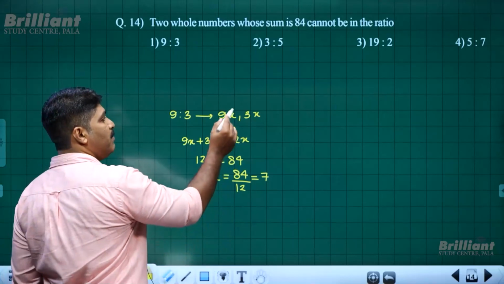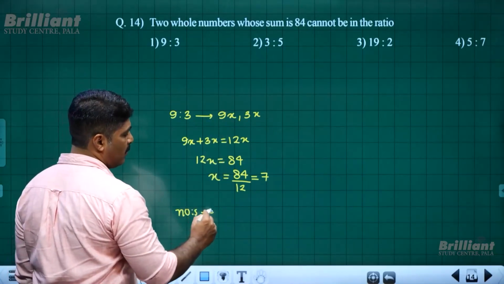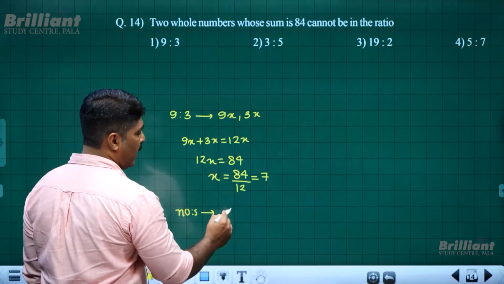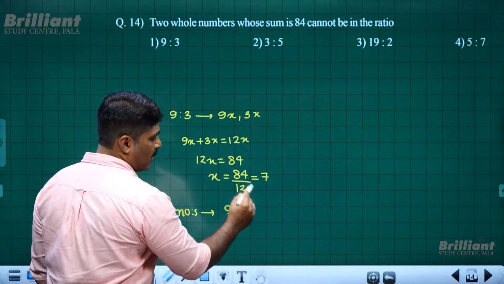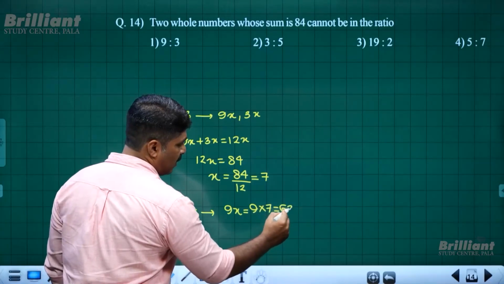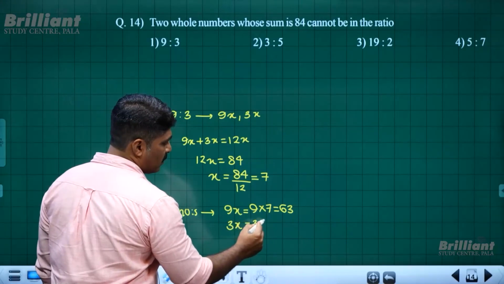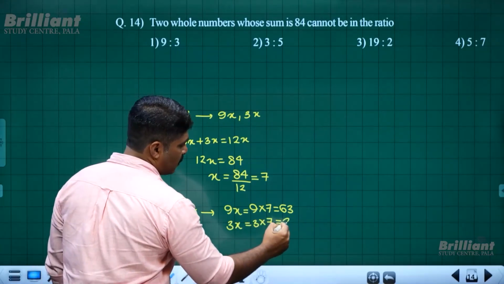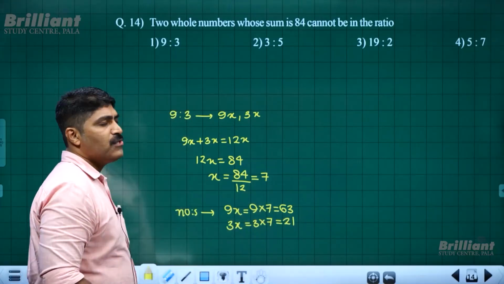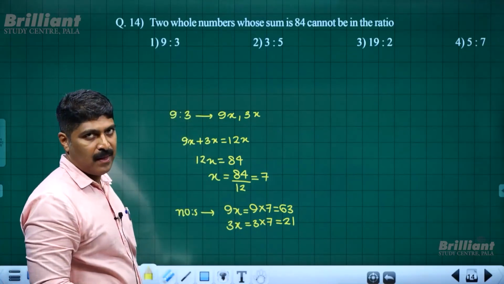Then the distributions are 9x, that is 9 into 7, so this is 63. And the next one, 3x, that is 3 into 7, which is 21. It's possible to distribute as per this ratio.